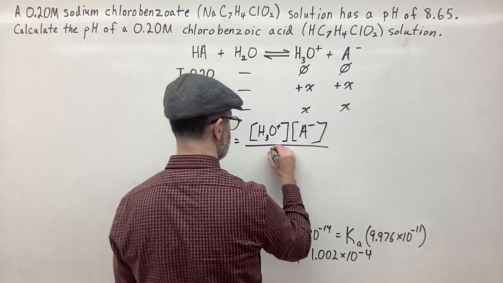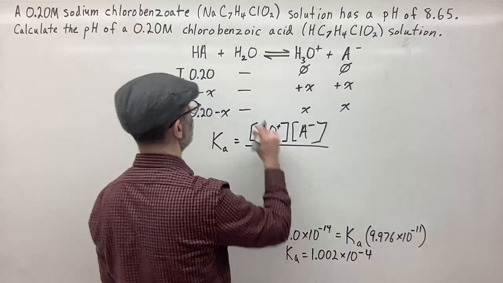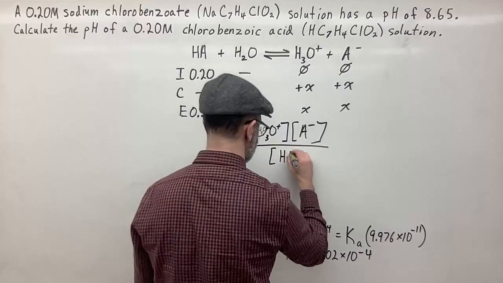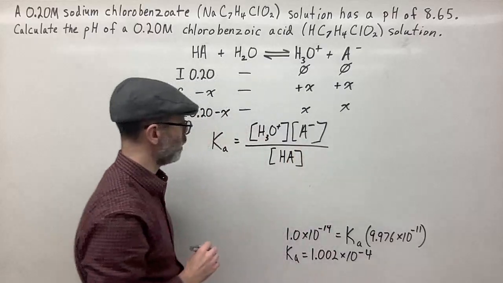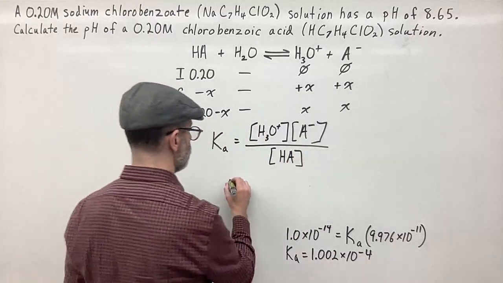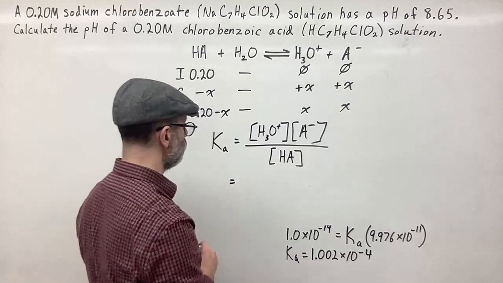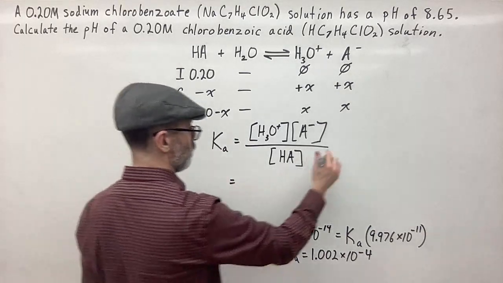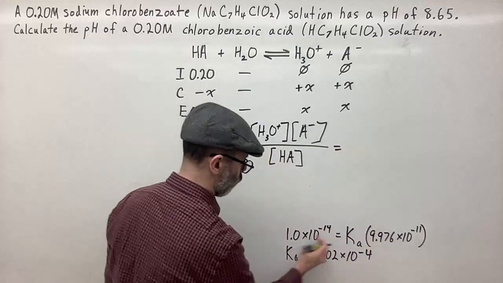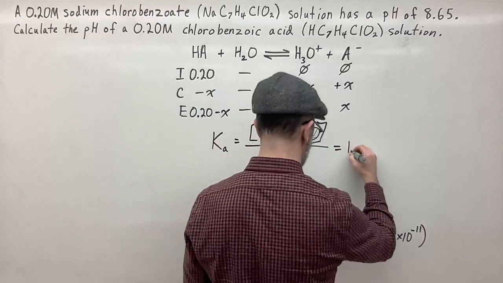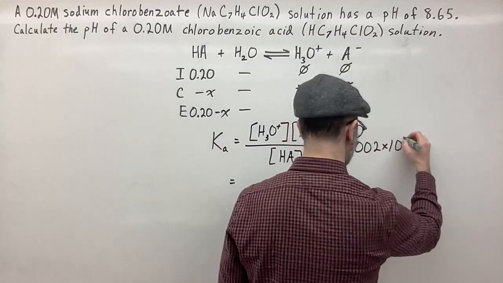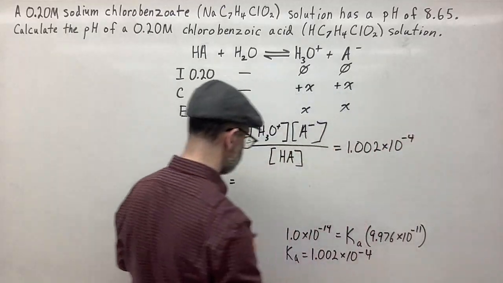And then divided by the concentration of the weak acid reactant, so HA on the bottom. And by the way, this is equal to this over here. So Ka is equal to 1.002 times 10 to the negative 4.